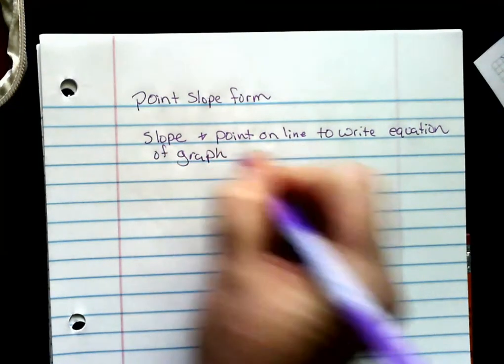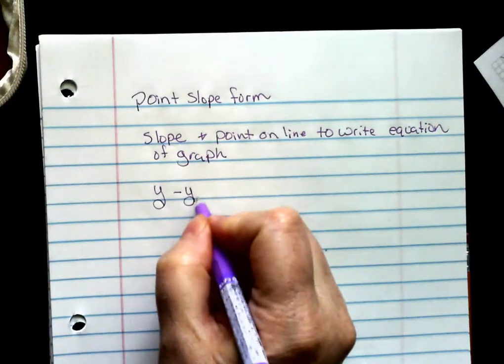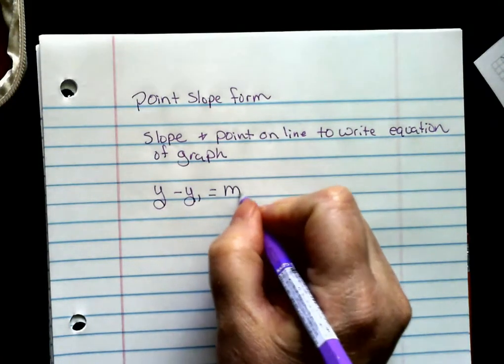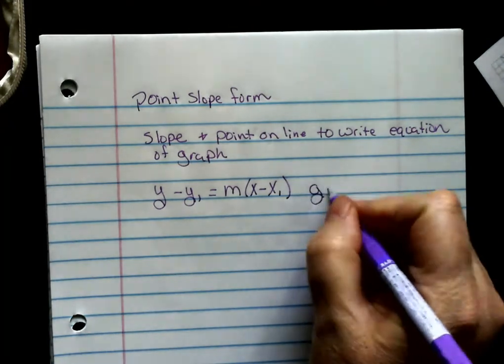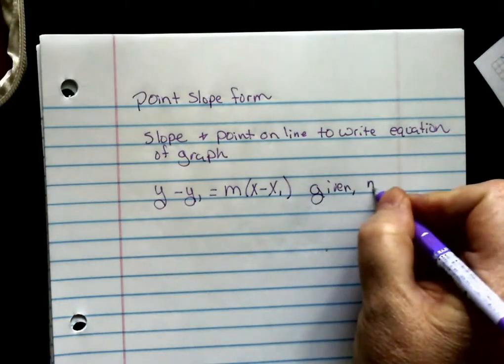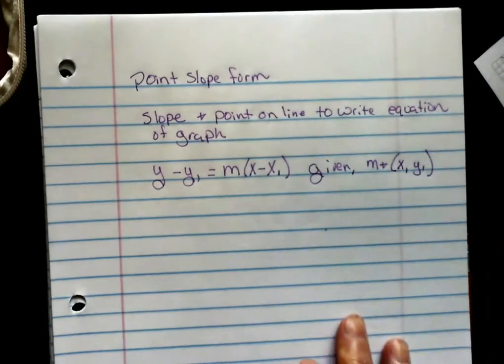The formula for point slope form is y minus y1 is equal to m times x minus x1, when you're given m and your point x1, y1.